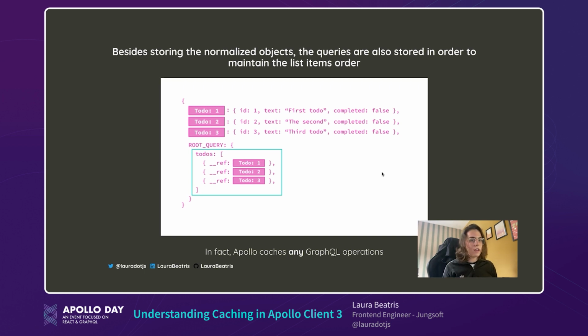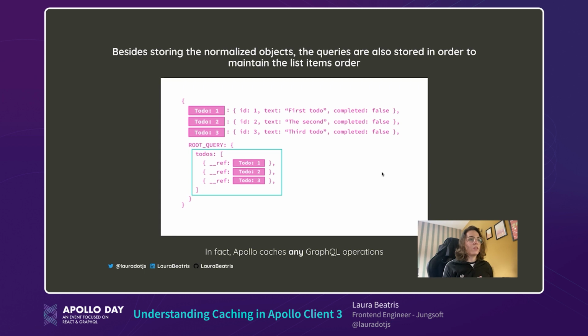But the list of items came with a specific order from the backend, right? And the second time that we execute the same query, we want the same order. We don't want to lose the order. So that's why Apollo also saves the query, and it references the unique identifiers in order to not repeat the normalized items and have data redundancy.